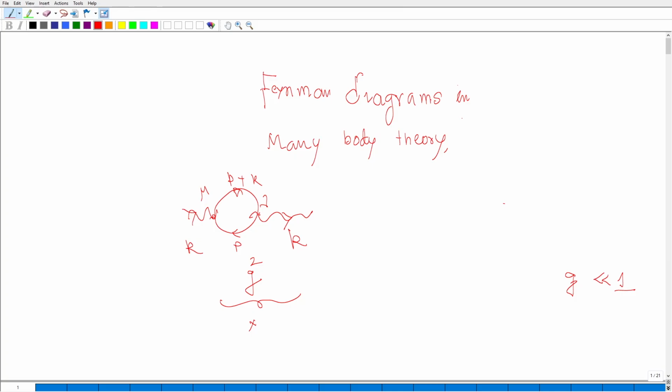Now, this particular structure that I have drawn over here is named the self energy correction to the photon, and it takes into account medium effects, that means the number of particles in the system, the temperature, and the momentum that these particles are carrying.